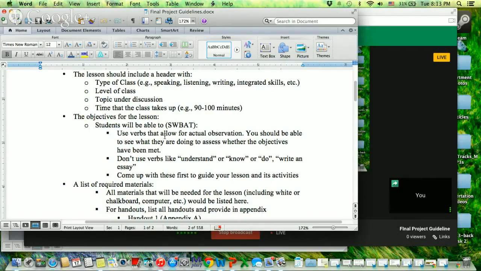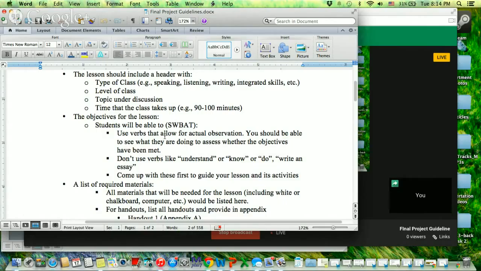So you want to make sure that it's observable. Using a word like understand or know doesn't make it observable. Point them to actual activities, or use verbs like practice or apply or something like that. So something that you can actually see.